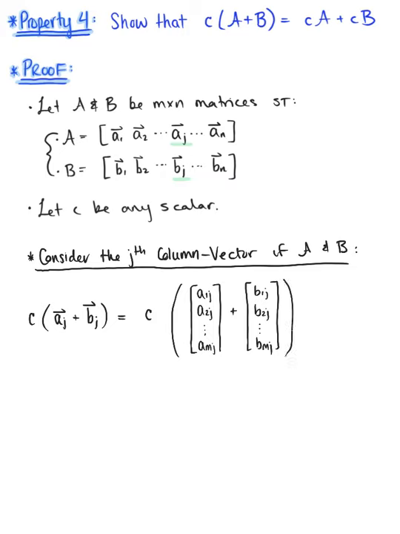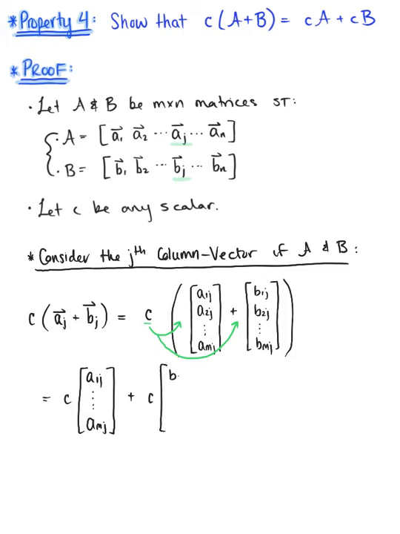Now, by the distributive property of vectors, we can take the scalar C and distribute it through to both vectors, which leaves us with our scalar C multiplied by that column vector of A, that jth column vector. So you have the entry in the first row jth column all the way down to the entry in the mth row jth column, plus scalar C multiplied by vector B sub j.